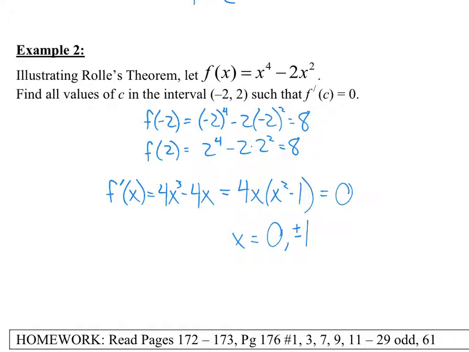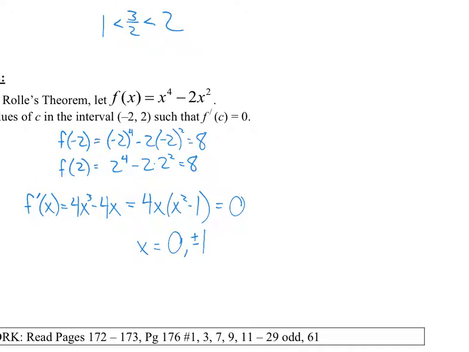I'm wondering, when you plug in the 2 and negative 2 and get 8, how is that telling you that there's at least one? Well, if you think about our graph, the y is 8 at both of them.